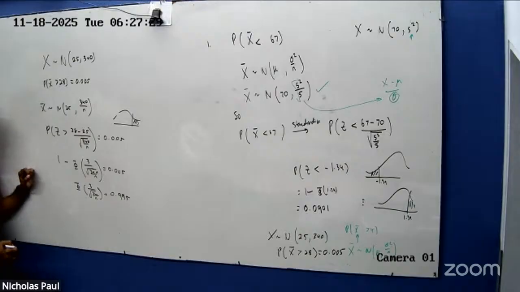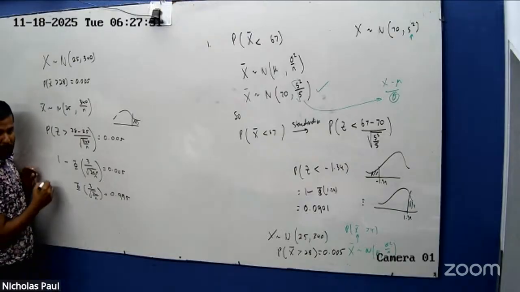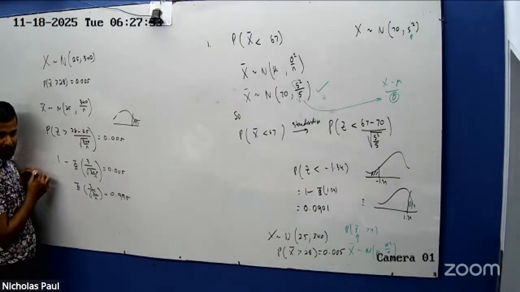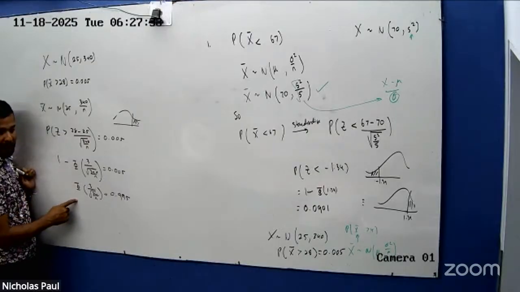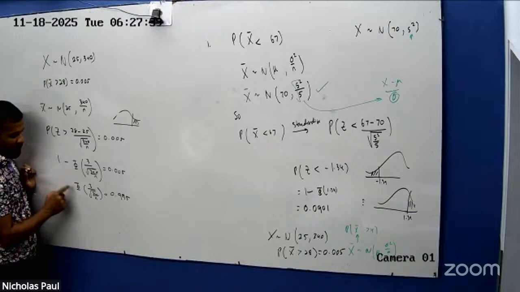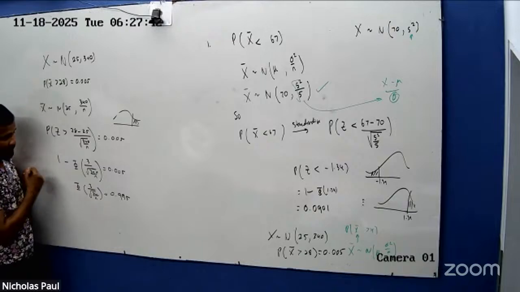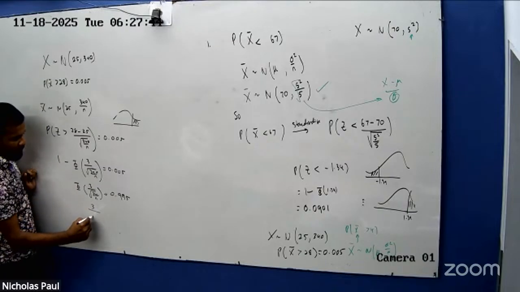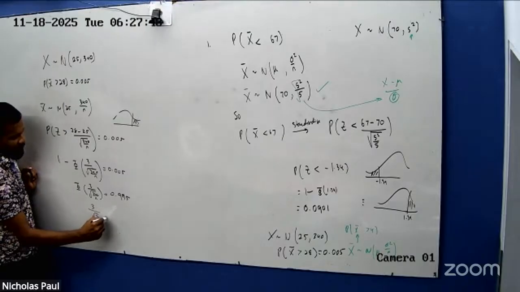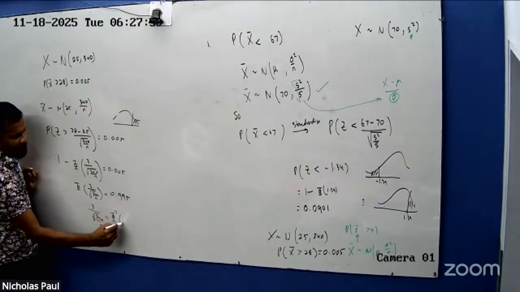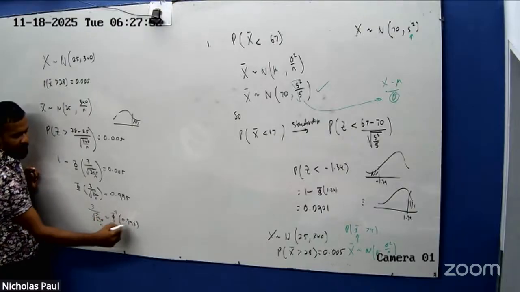Where did you get lost? Right? What next? Move across the phi, right? So it will be 3 over the square root of 340 on N is phi inverse of 0.995.